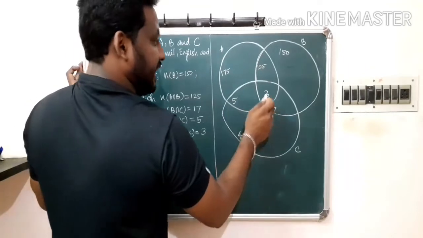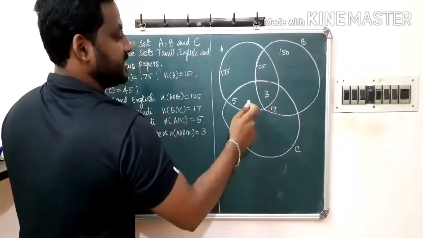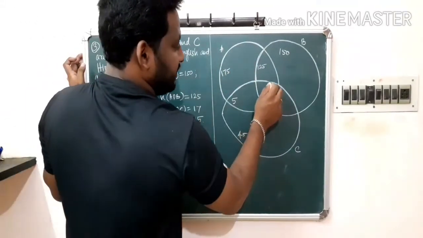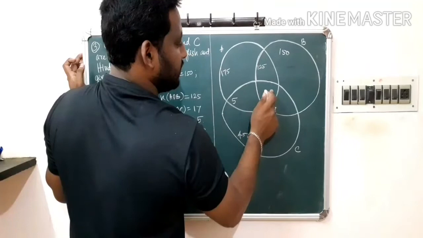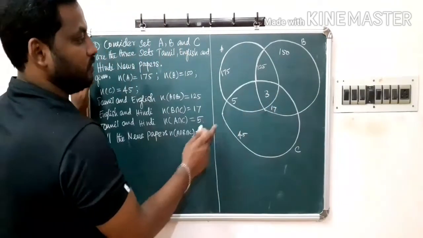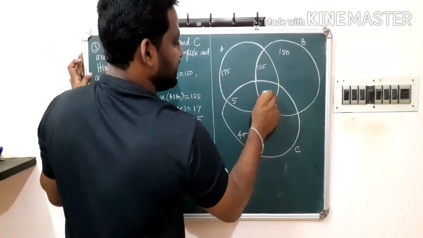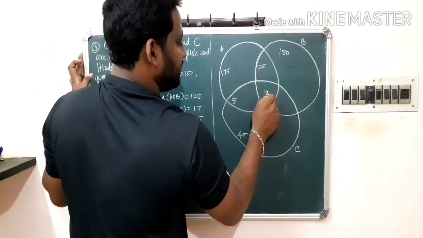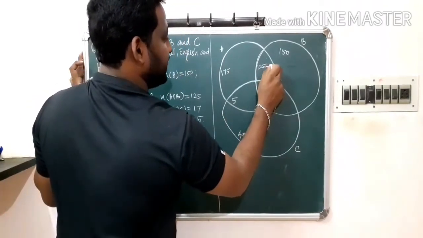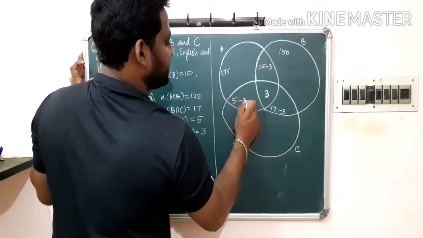Before that we have to find out the 2 intersection parts, then only can we find the number in A alone. Here, 3 families are getting all 3 newspapers. So only for the 2-newspaper parts, this common part should be subtracted from all 3 values. So 125 minus 3, 17 minus 3, 5 minus 3.